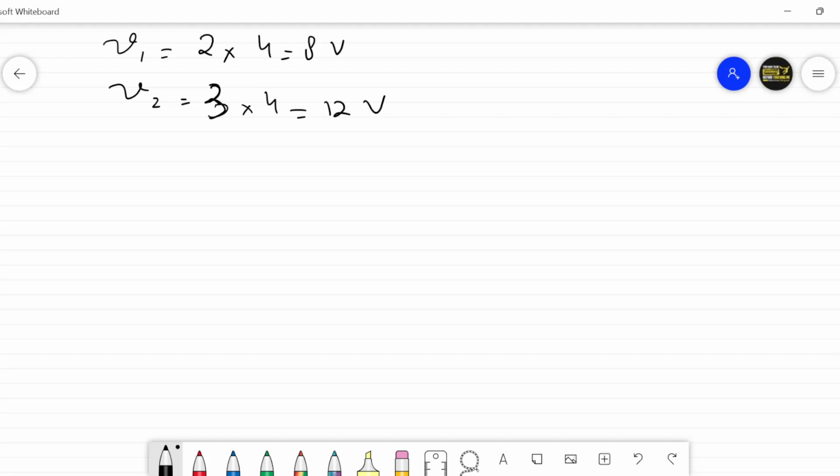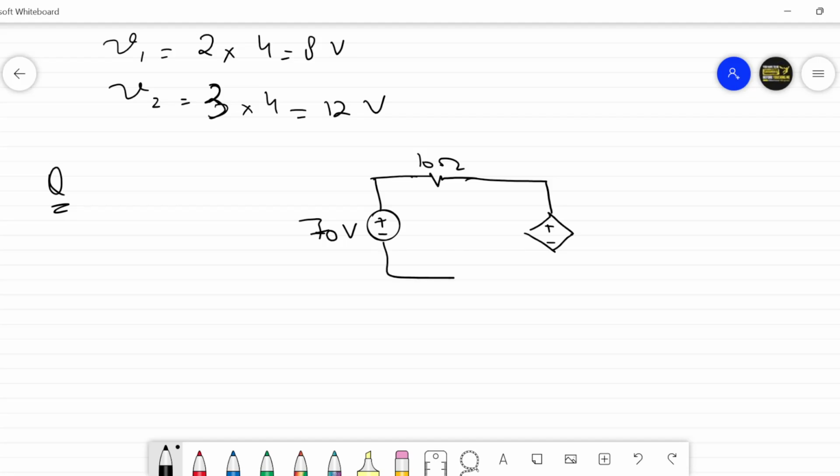So this was a simple circuit. This is 70 volts, 10 ohm, this is 5 ohm.